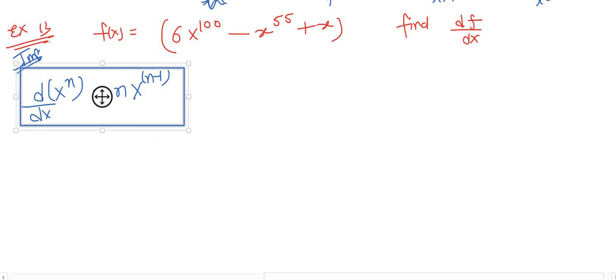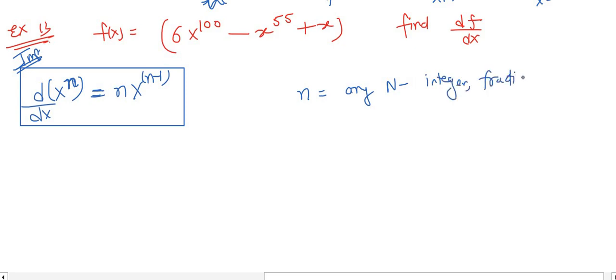To solve questions we have some shortcut formulas. Here n can be any number. It can be an integer, non-integer, fractional, positive or negative number. For any number this formula is applicable.